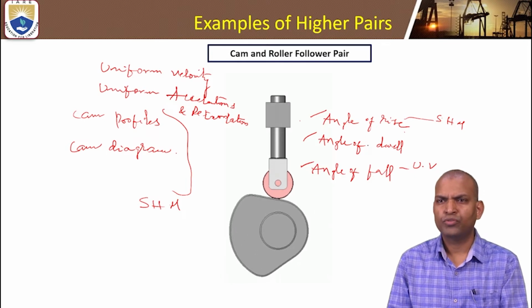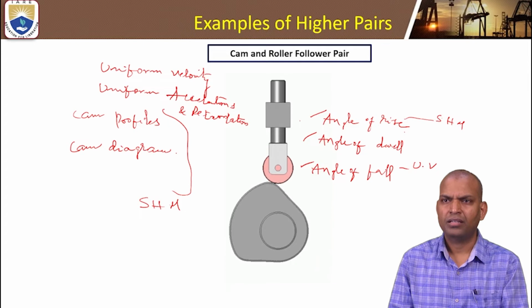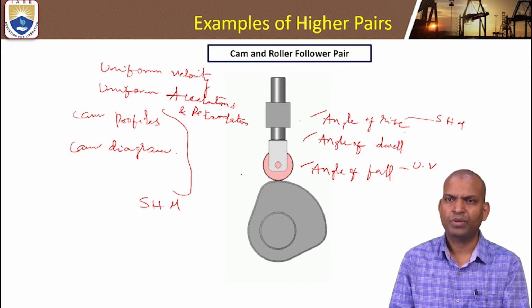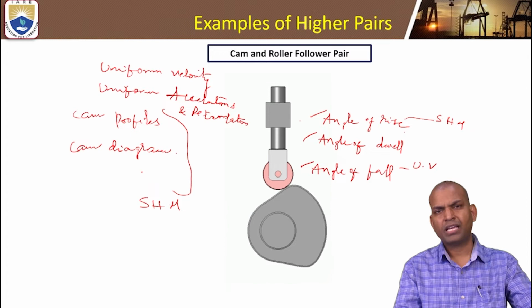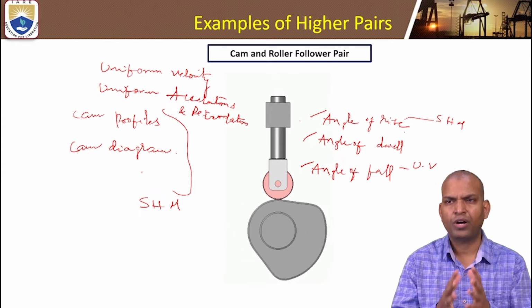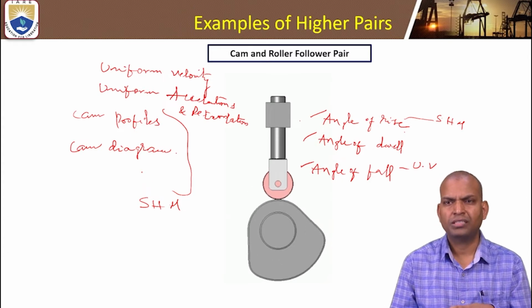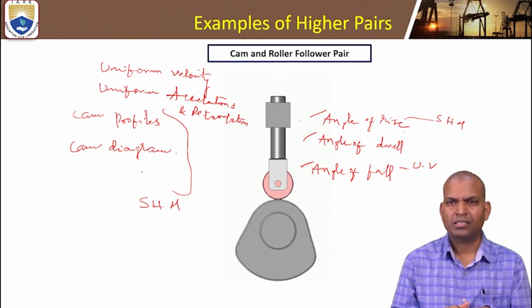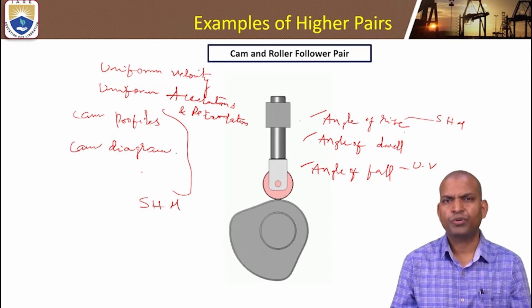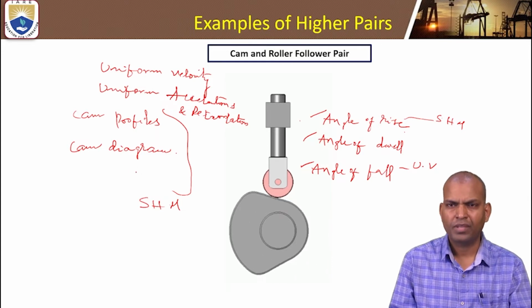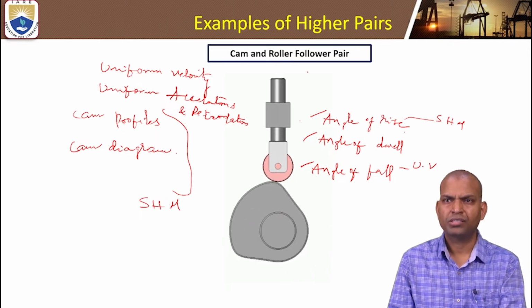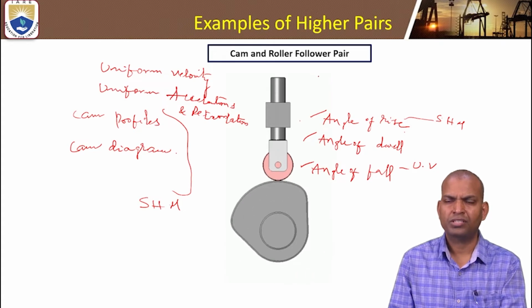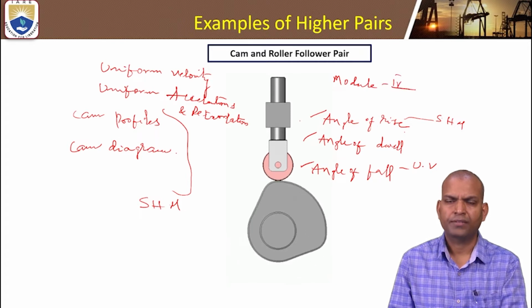Also the angle of fall can be uniform acceleration or retardation, or angle of rise can be simple harmonic motion. So for various combinations of the follower motion, we have to draw the cam profile. The complete methodology and the procedure will be studied in coming lectures that come under the syllabus of module 4. Module 4 we'll study in detail.